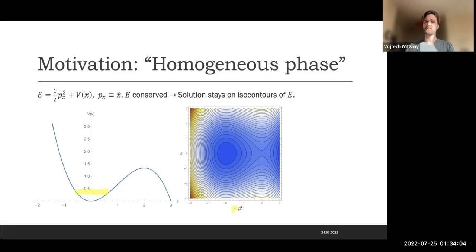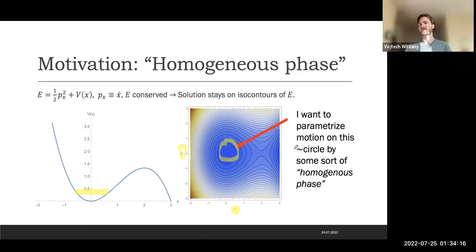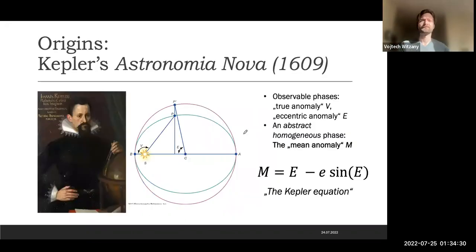In the phase space, you have x on the horizontal axis, px on the vertical axis. And in the phase space, a motion near the minimum will make a sort of circle. I want to parameterize the motion on this circle by some sort of homogeneous phase. That's the idea of the angle. And then the action would parameterize the choice of the circle, let's say around the minimum.